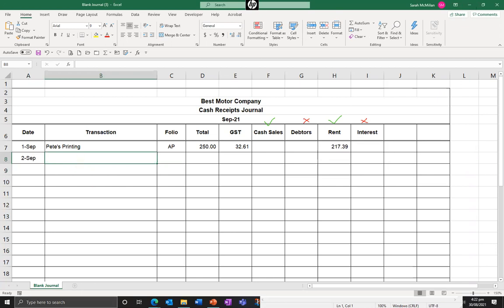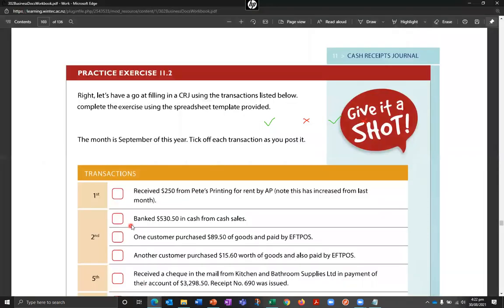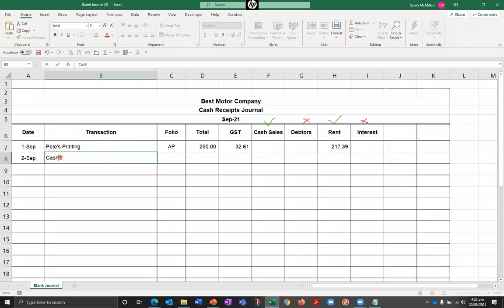So remember that our first transaction is we banked $530.50 in cash from cash sales. So what we use here, cash sales and the total. So in transaction, cash sales, in folio, CRS, the total, $530.50. Now, because it's a cash sale, we have to calculate our GST.